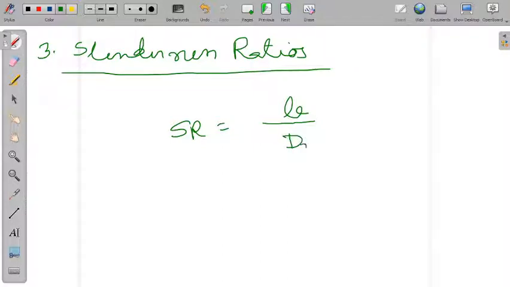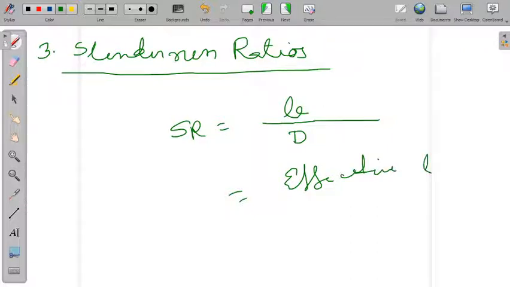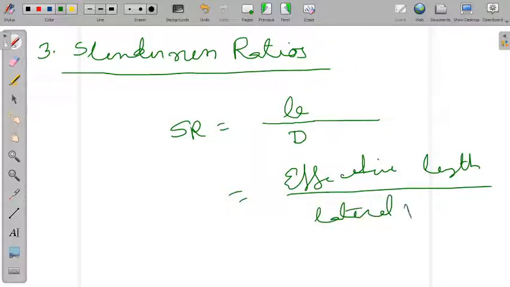Okay, it may be in x or it may be in y, any lateral dimension. So let us say it is d. In any direction it can be. So I can say that this is effective length divided by d. It is the ratio of effective length to the lateral dimension, in any direction it can be.